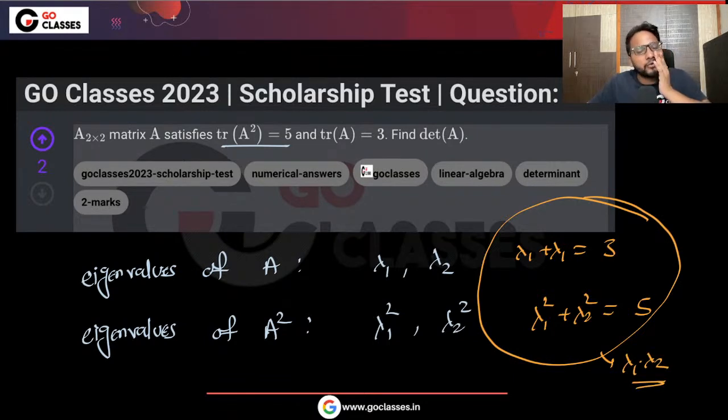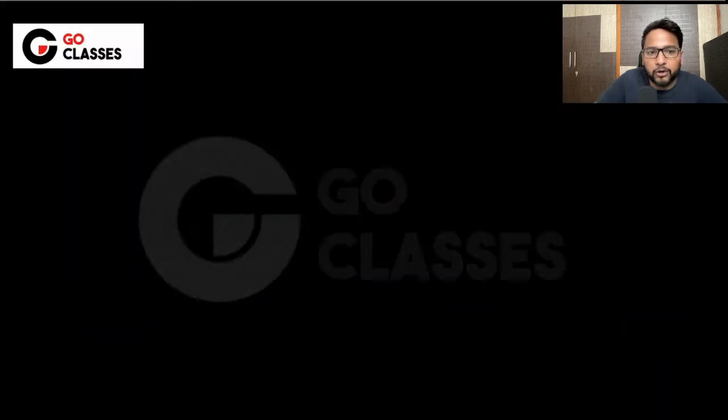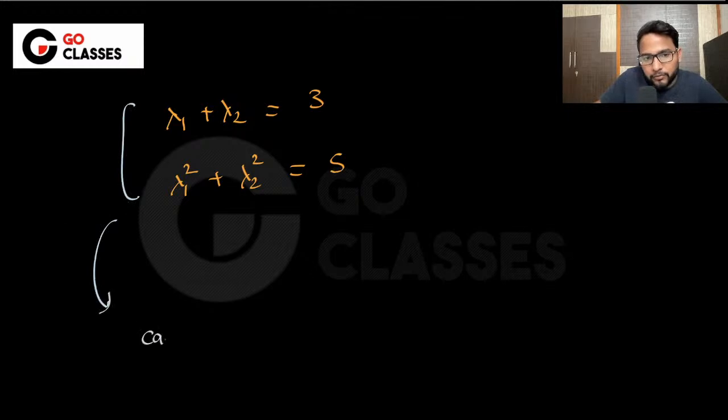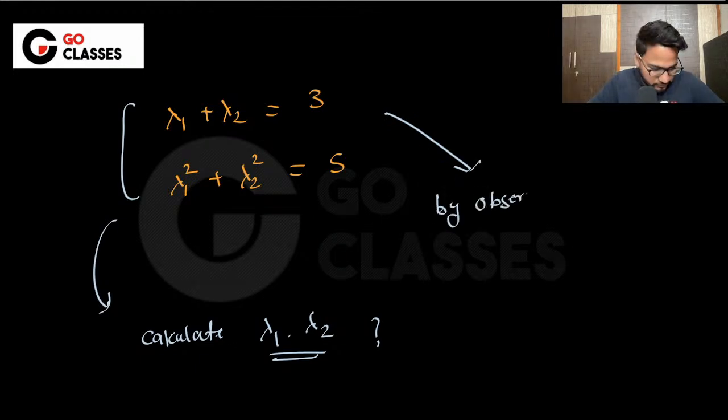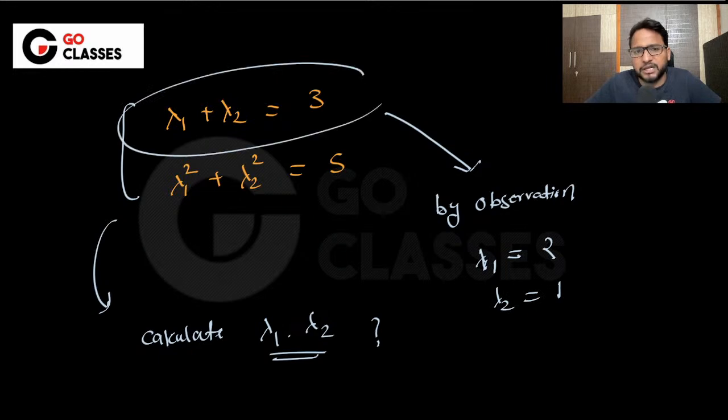So you can solve this; it is 2 unknowns and 2 equations. Now they are asking you to calculate lambda 1 into lambda 2. I think you can do it, or maybe by observation only. One of the lambdas is 2 and one of the lambdas is 1, because the summation is 3 and the sum of squares is 5.